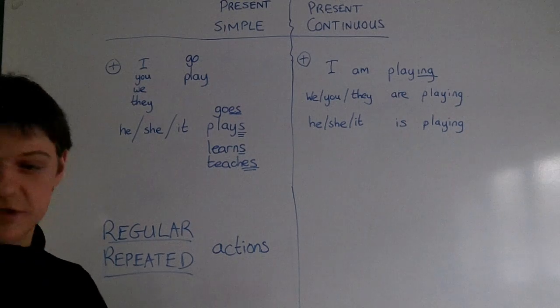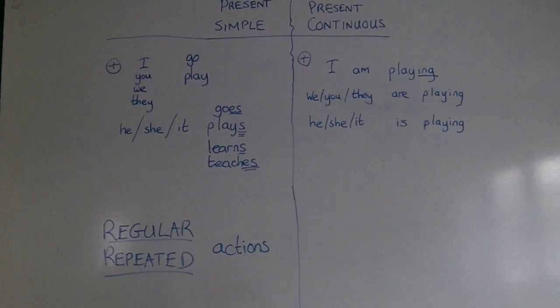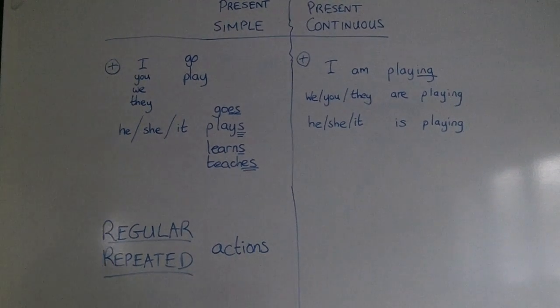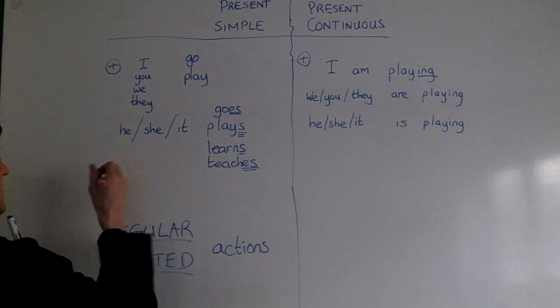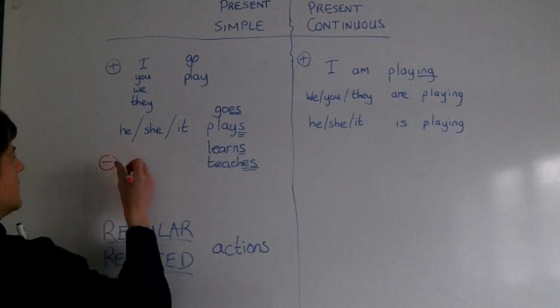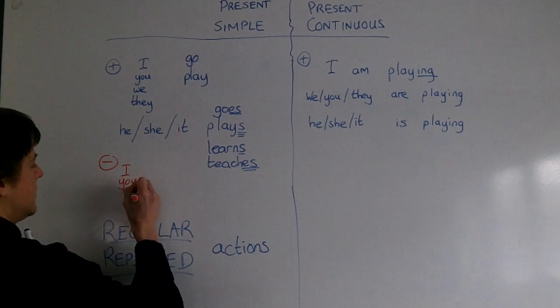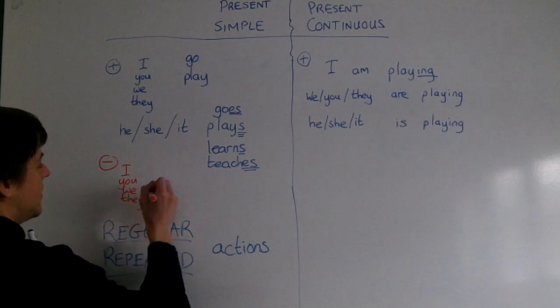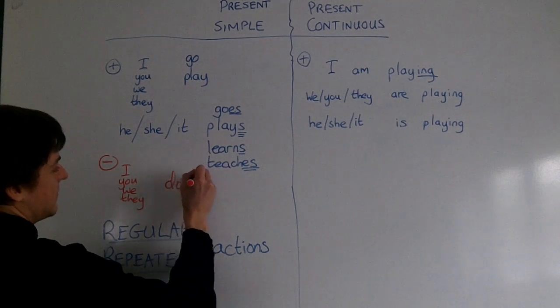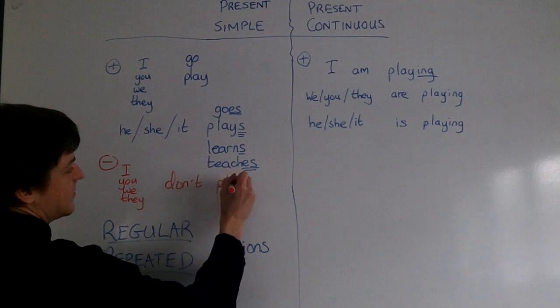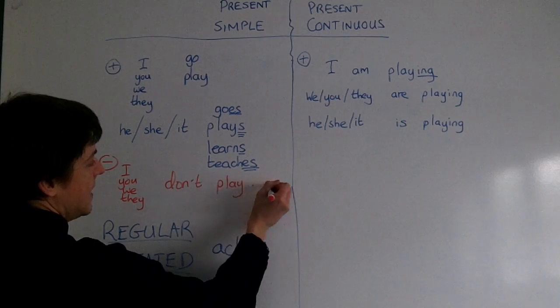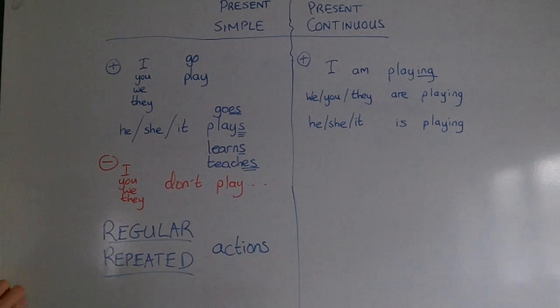Okay, if we want to write a negative sentence, if we want to say the opposite, we want to make it negative, then we use with I, you, we and they, don't. I don't play football. Okay, and there's no S there.